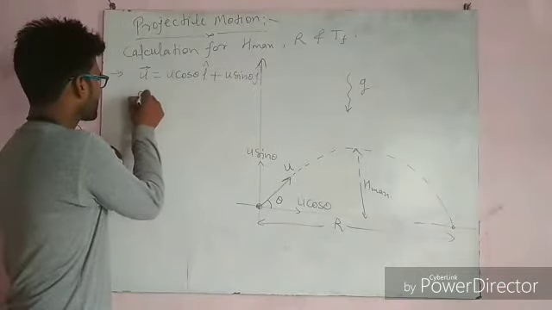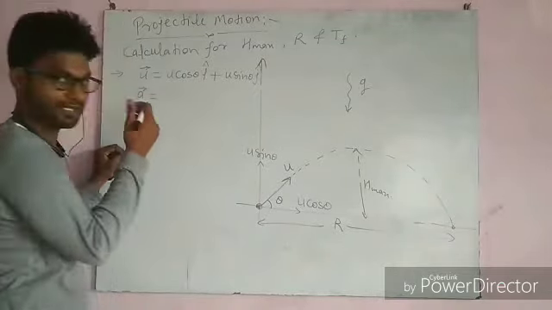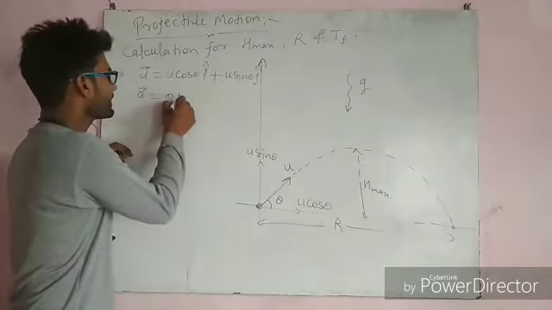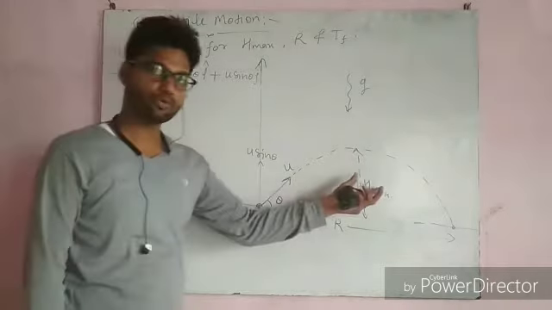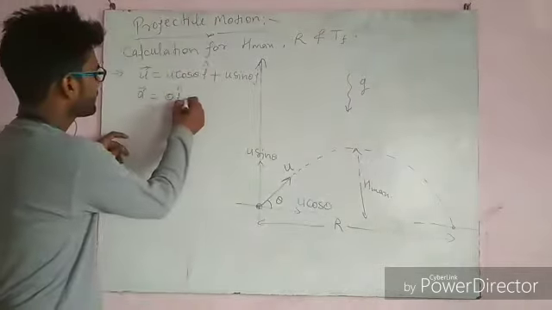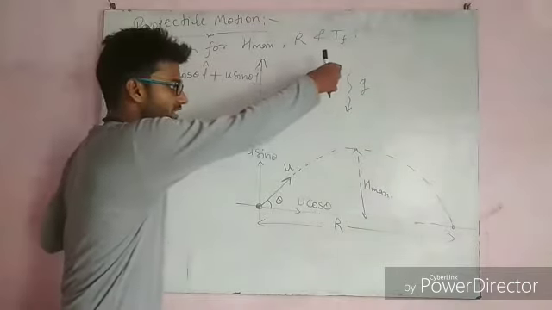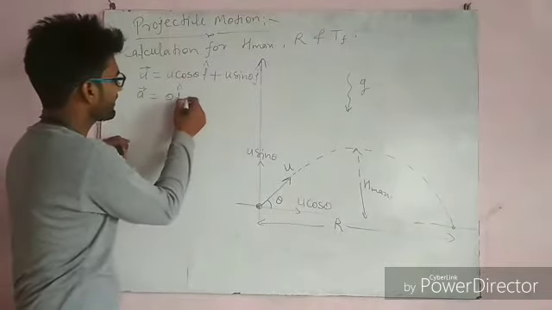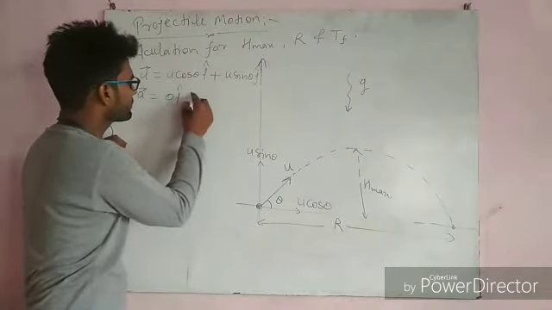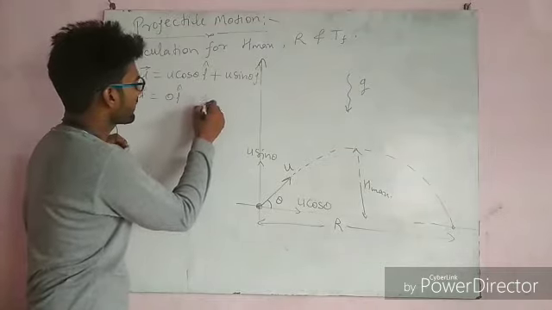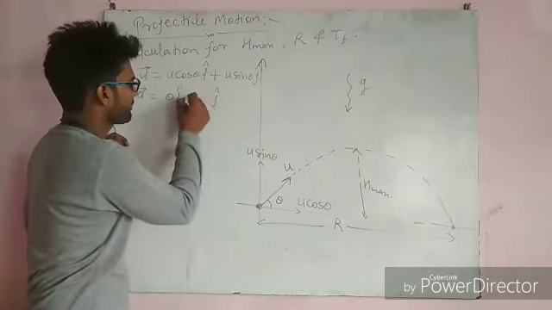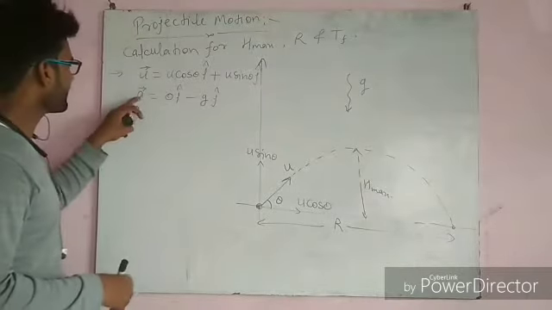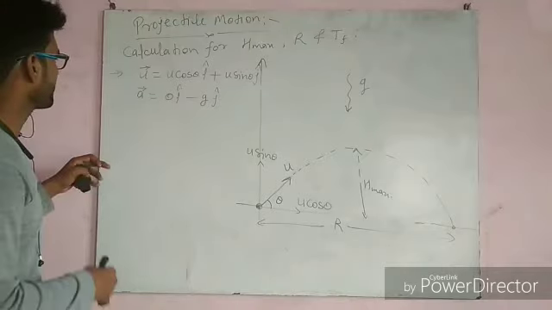Now the acceleration vector, which is constant throughout the motion, will be 0 i cap, because there is no acceleration component in the x direction. Now g is acting vertically downward, so that will be taken as negative: minus g j cap, the acceleration due to gravity. So we have written the net acceleration here, right?